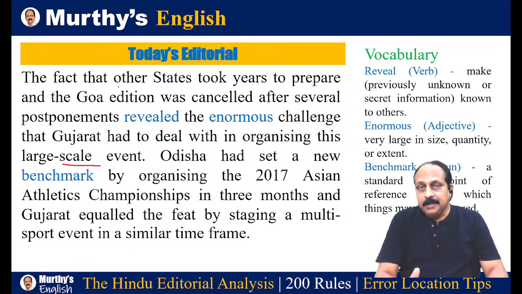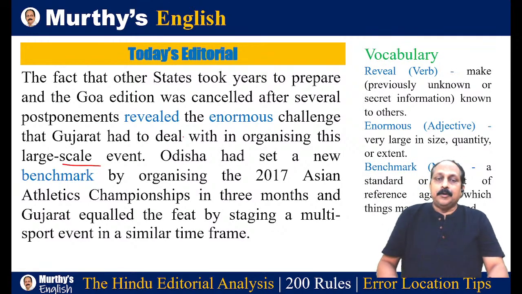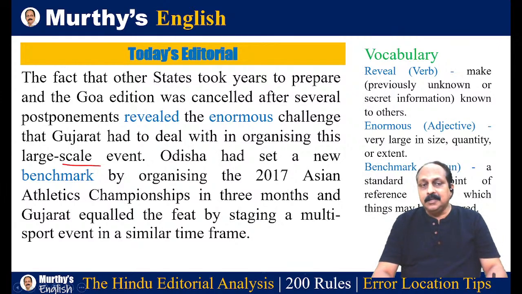Based on that fact, other states took years to prepare and the Goa edition was cancelled after several postponements. So many states took a lot of time, that is one thing. And the Goa edition was cancelled. These factors revealed, or disclosed, the enormous challenge that Gujarat had to deal with in organizing this large-scale event. Obviously, on a large scale, not easy to organize.